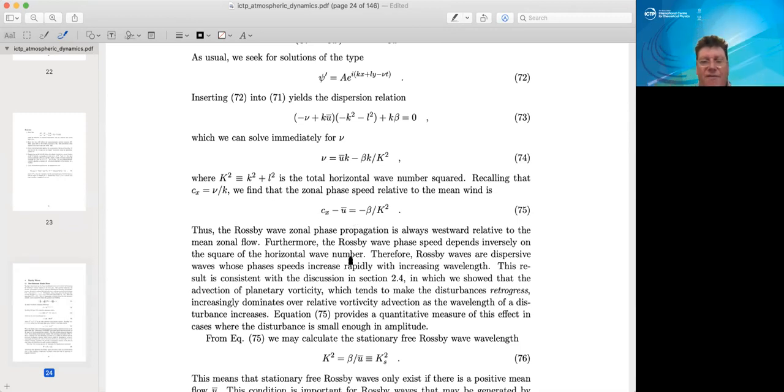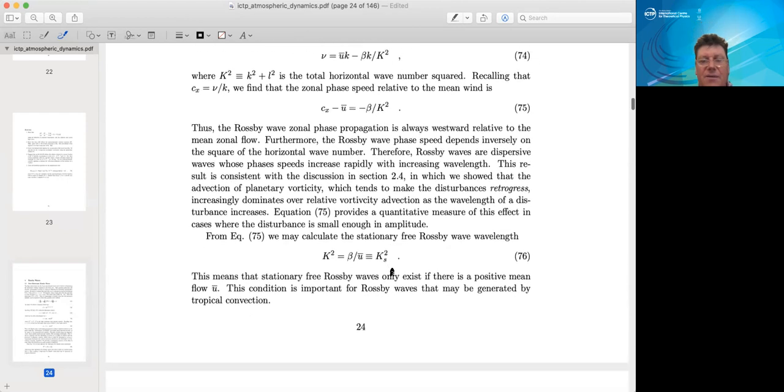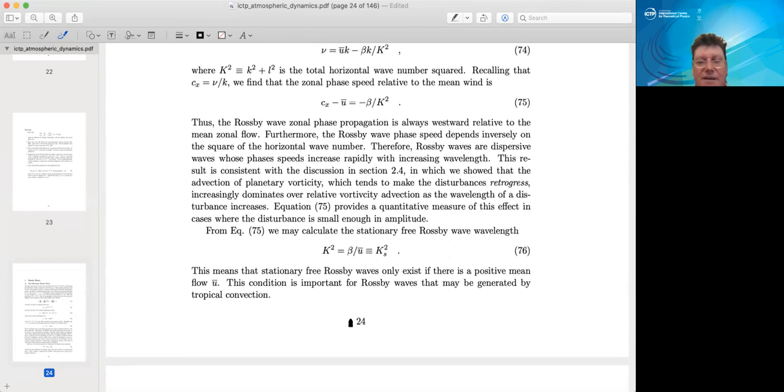So the stationary wave is defined exactly when these two terms cancel each other, and we get a phase propagation in x direction that is 0. And the square of the wave number that we can define is then beta over u bar. This is a very important result because it tells us that a stationary Rossby wave can only exist if we have a positive mean flow.